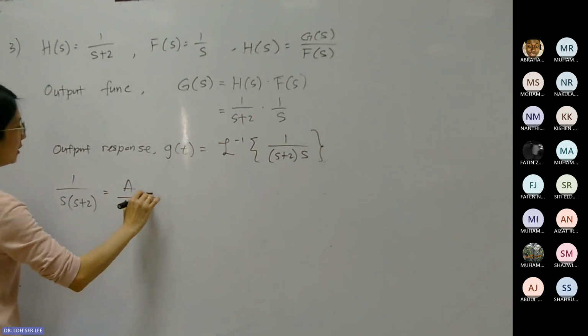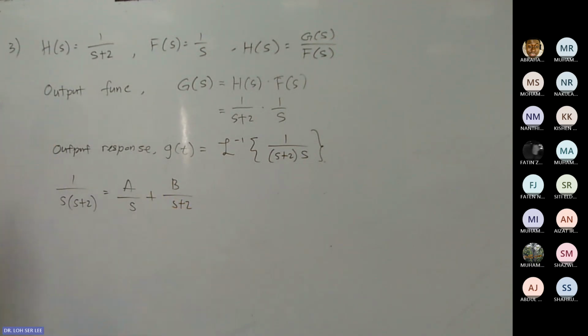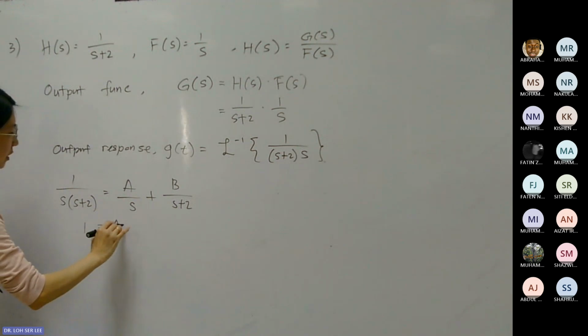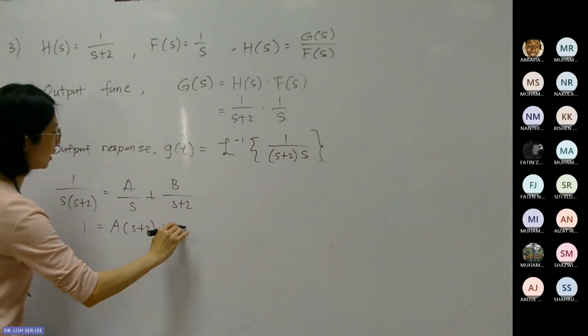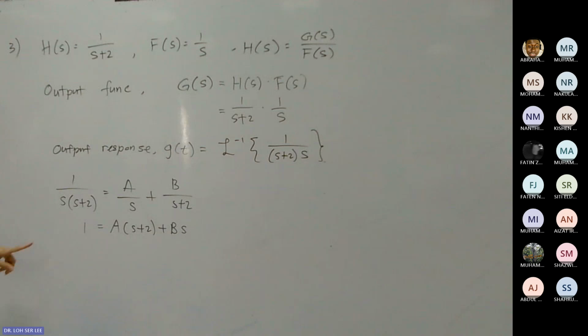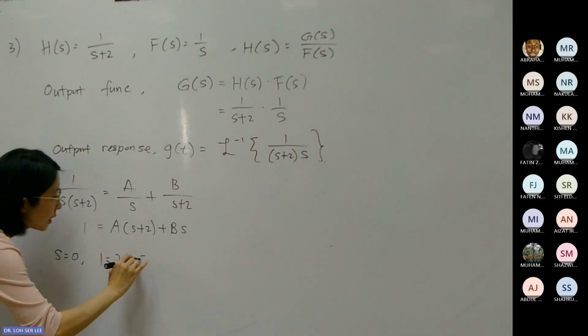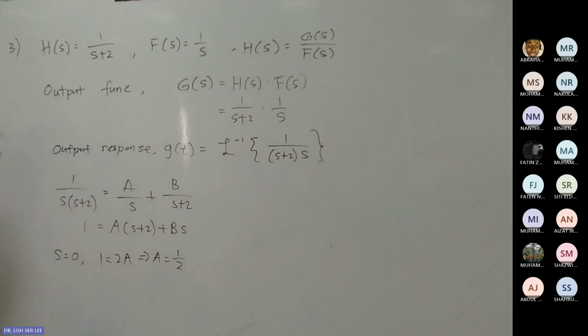So A over s and B over s plus 2. Combine, you have A(s plus 2) plus Bs. So we can choose s is -2 and also 0. Let's say s is 0. So we have 2A, meaning that A is a half. When s is -2, we have -2B.